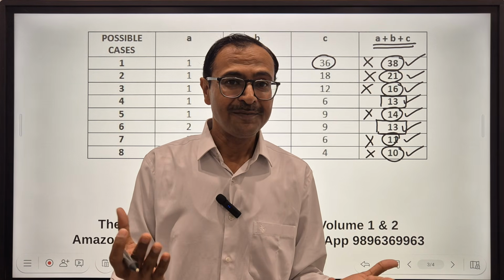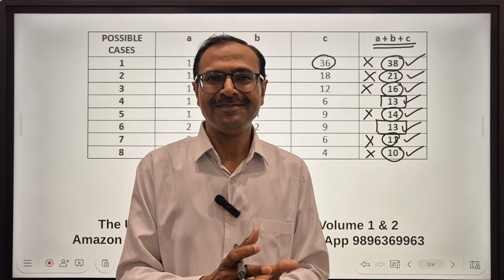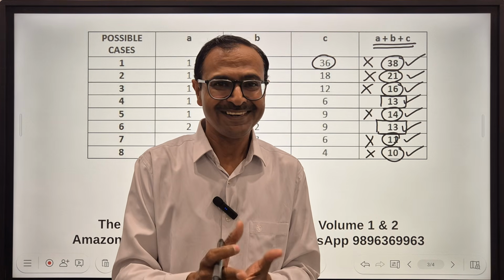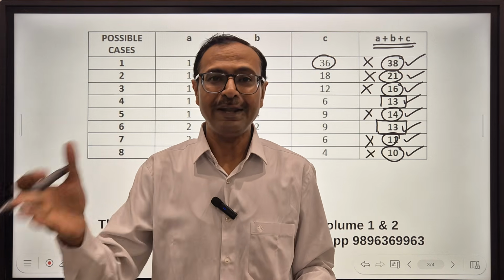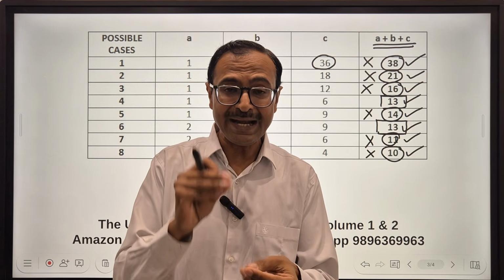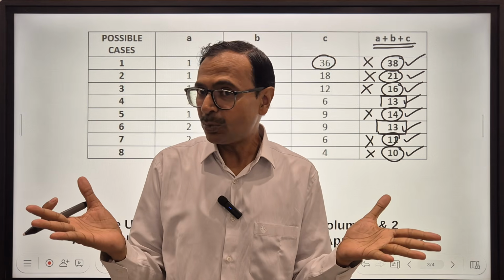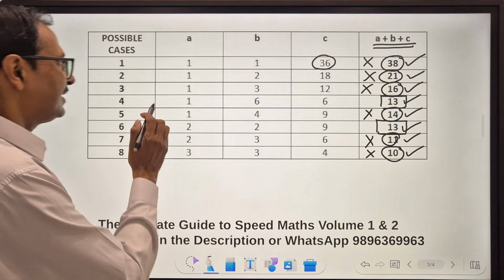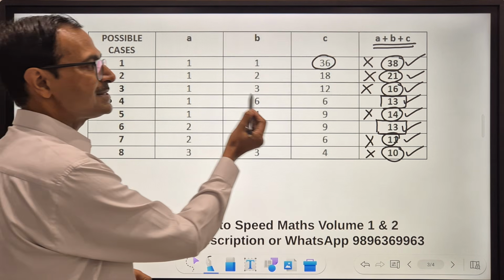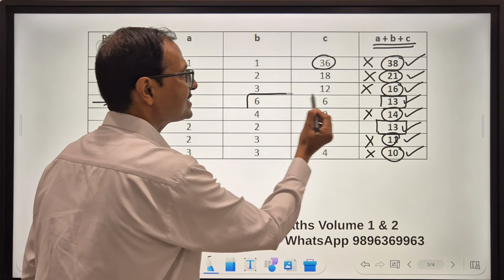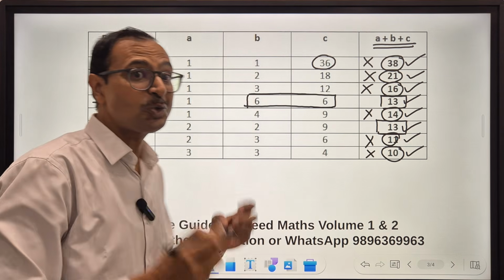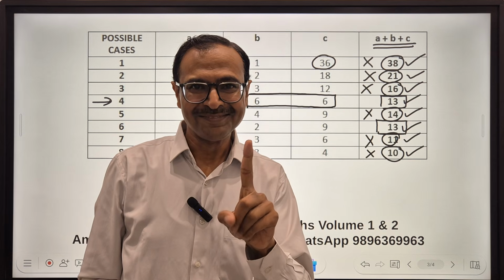Now he said, the eldest kid plays piano very well. So he is talking about the eldest kid. So there is only one eldest kid, right? He cannot be a twin. In this case, 1, 6, 6, the eldest kids, there are two kids, not one.